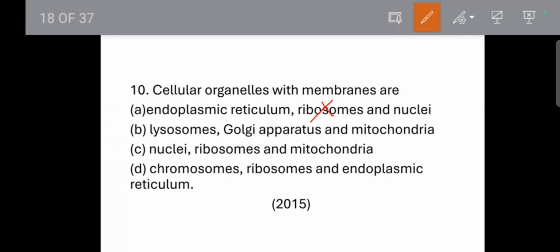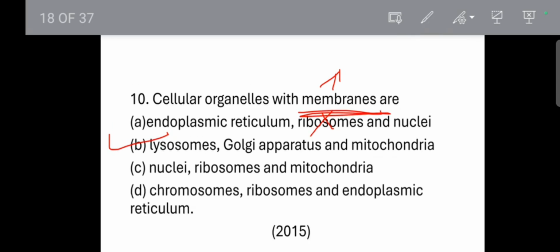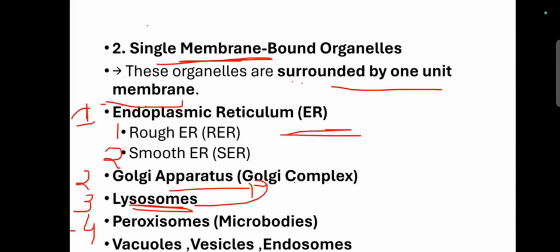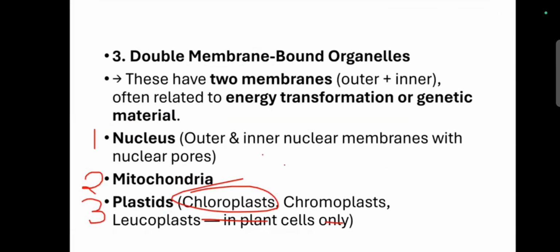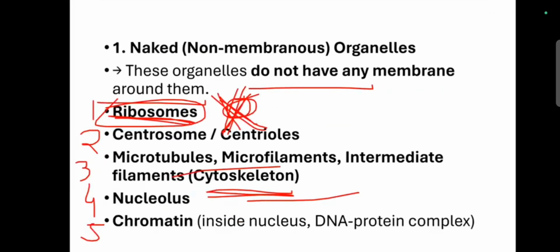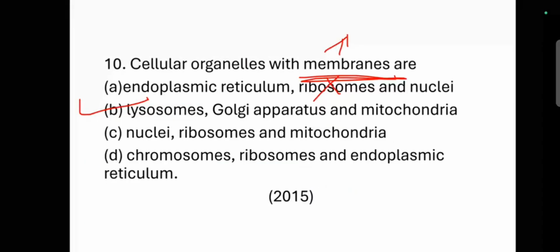This is the right one. The lysosomes and the Golgi apparatus are single layer structures, whereas the mitochondria is a double layer structure. So the second one is the right one.